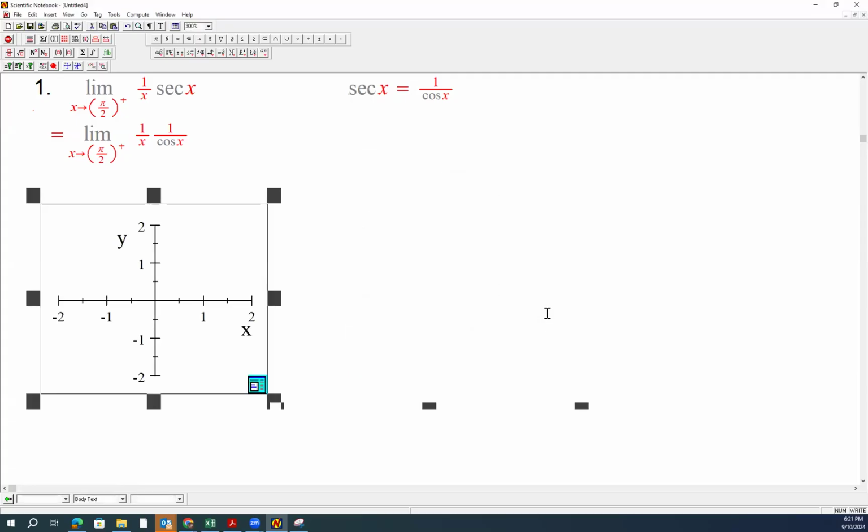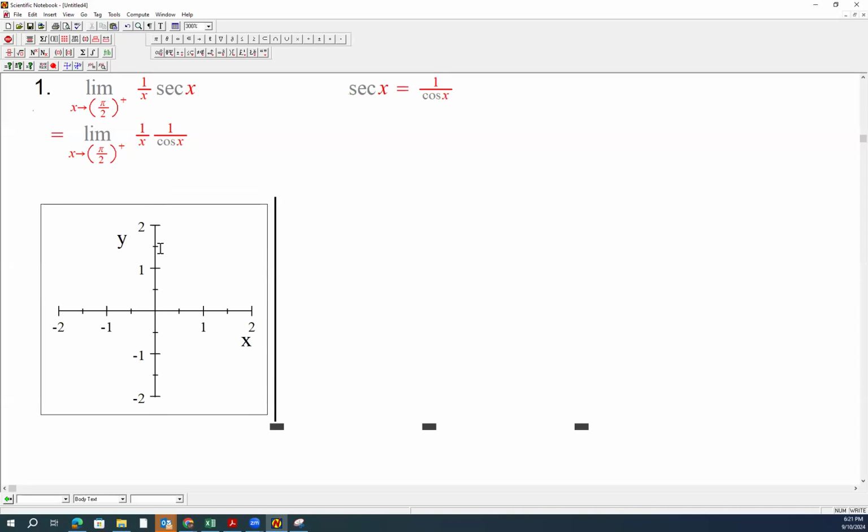And we understand how angles are measured, right? So if x is approaching pi over 2 from larger than pi over 2, the angle is going to be measured a little bit over pi over 2.